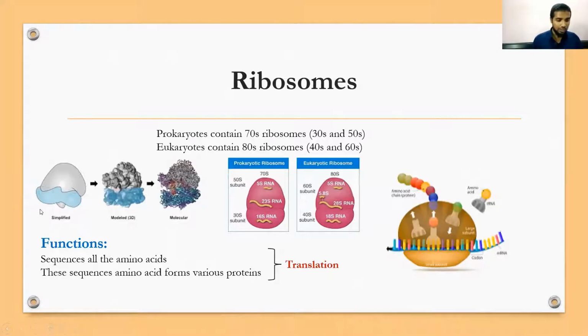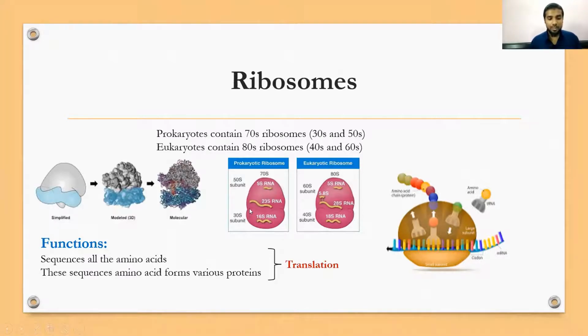You can see the structure here, a simplified ribosome. When modeled in software, you can see it in this way. This is the smaller subunit, this is the larger subunit, and at the molecular level, if we see each amino acid, it will be in this way: the smaller subunit and the larger subunit. Let us see how it is organized.